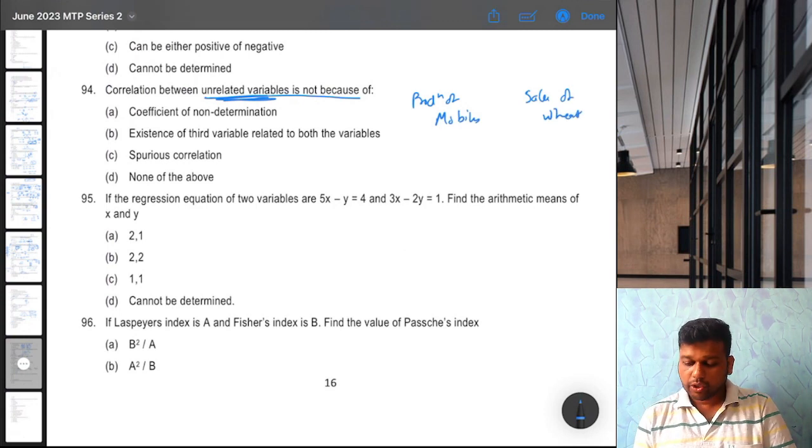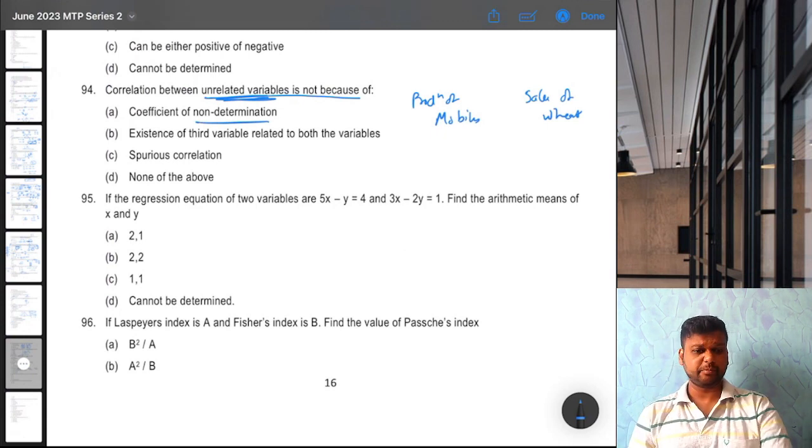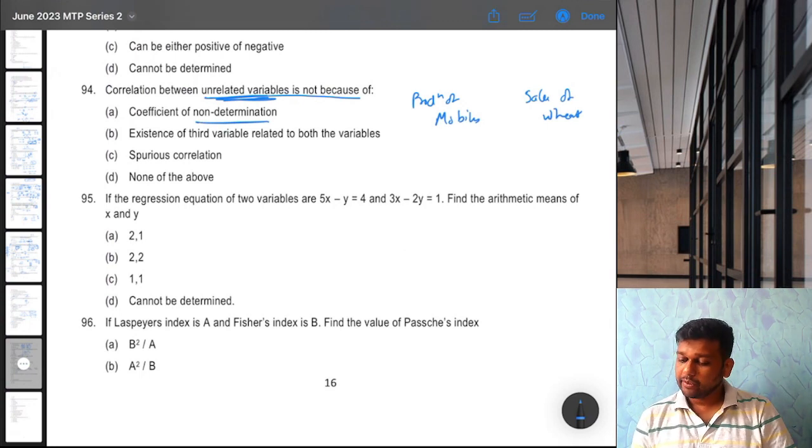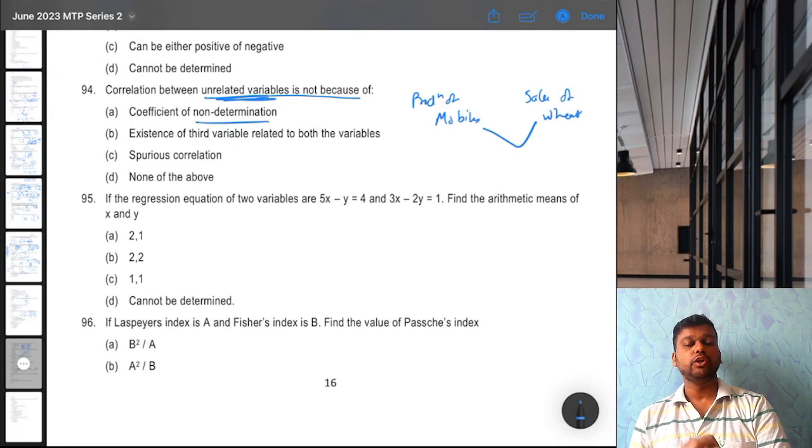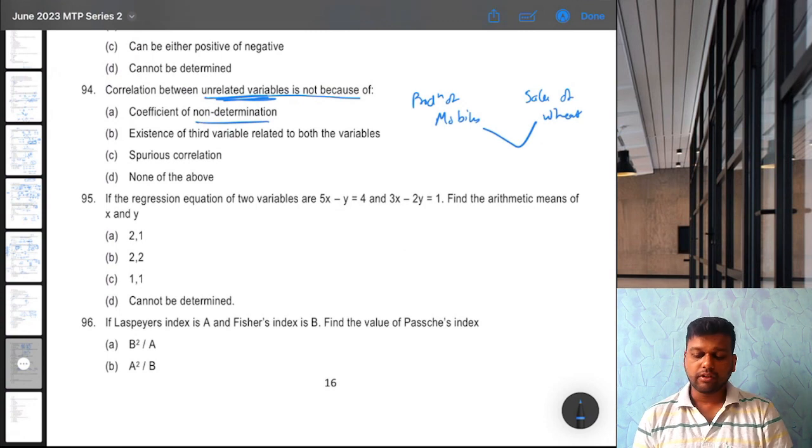So it is because of the coefficient of non-determination, which is 1 minus r square. Why? Because if we calculate r between these two, the coefficient of correlation, it will be very low. So the coefficient of non-determination will be very high. That is why these unrelated variables are showing less correlation. So that is not the correct answer.